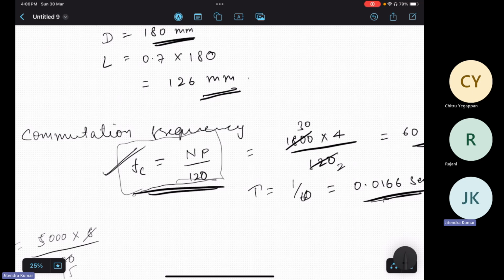So 8 controlled switches, and 8 uncontrolled switches should be there. Since they asked only IGBT MOSFET, you could have correctly mentioned 8, isn't it? Yes, sir. Chitu, you also filled 8, or you knew this thing, right? Yes, sir. We gave 8 only. Okay, great.